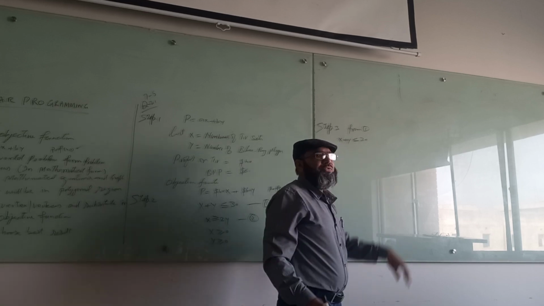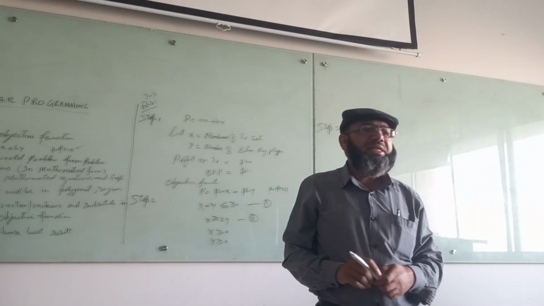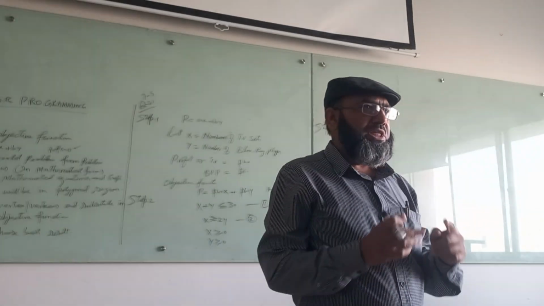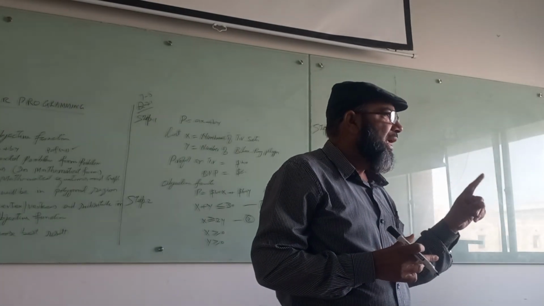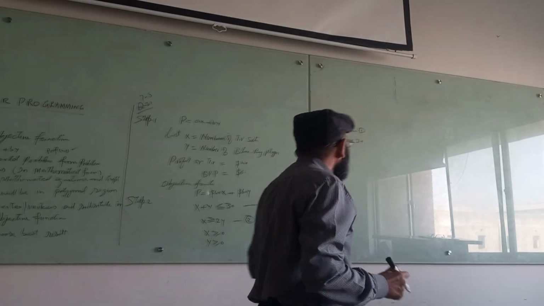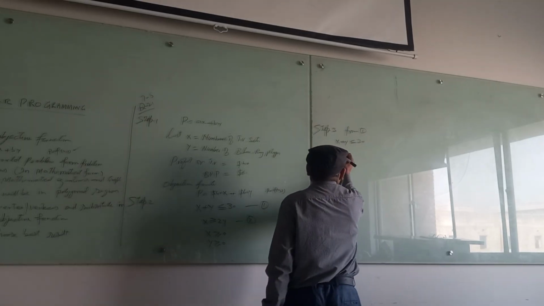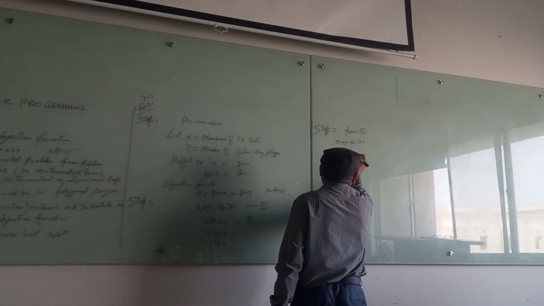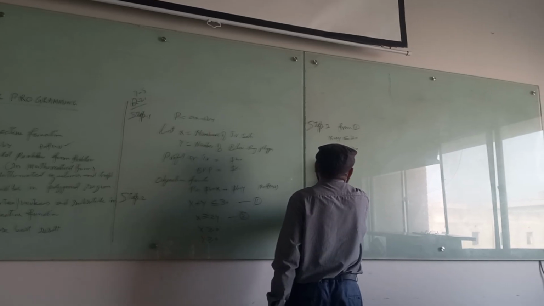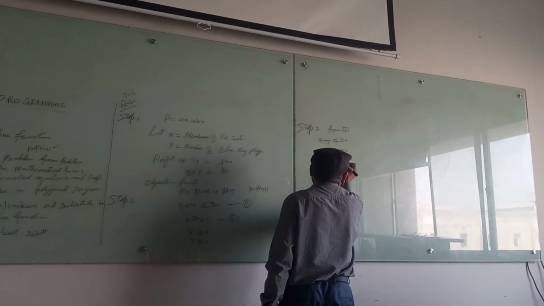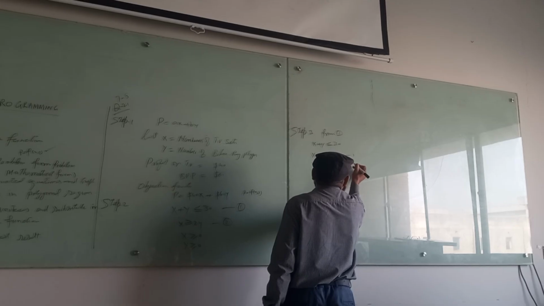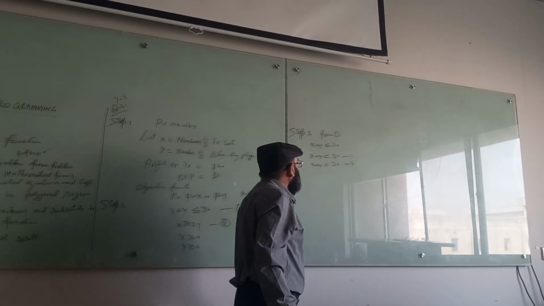What is the method for this inequality? First, split it into two: the inequality and the equality. It will be x plus y less than 30 and x plus y equal to 30.